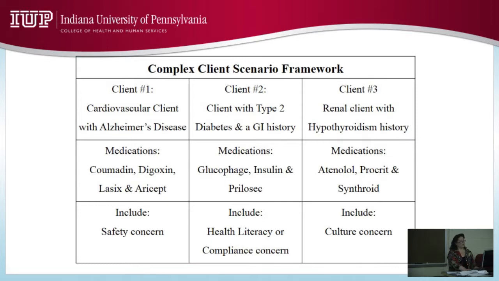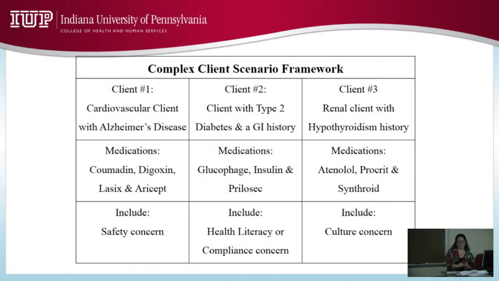We included medications. These medications happened to be objectives in our course that we wanted to make sure the students knew, and they had to have clients that were on these that they were actually caring for in the home setting. We also wanted to throw a wrench in there and really bump up the bar by having them include a concern. Client 1 was to have a safety concern in the home, much of what they were already seeing as they were doing the home visits.